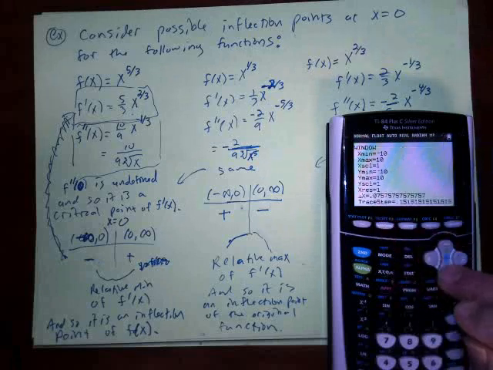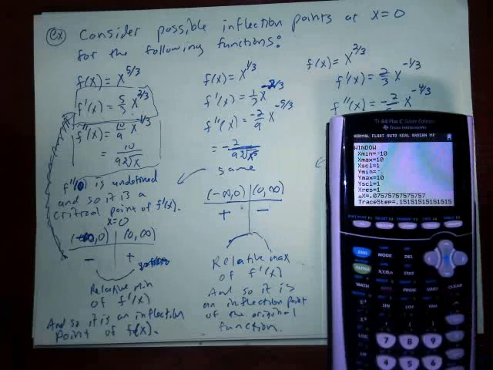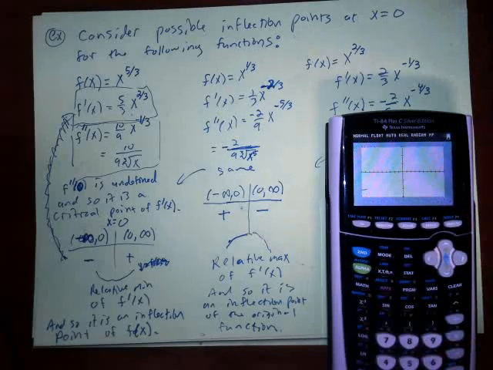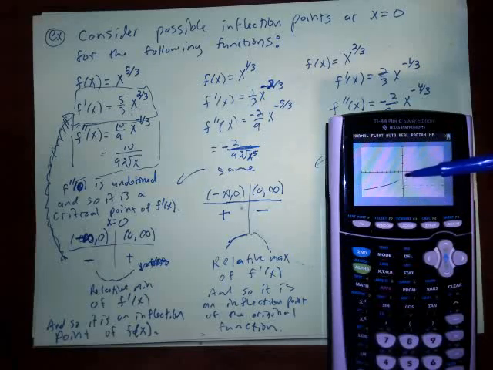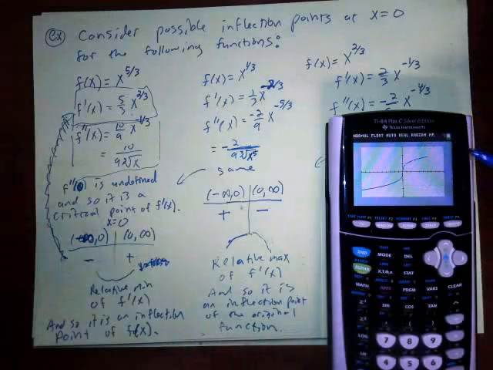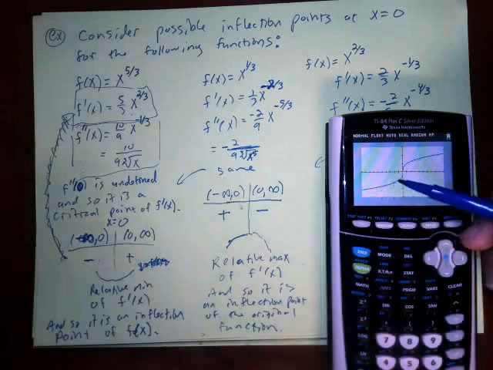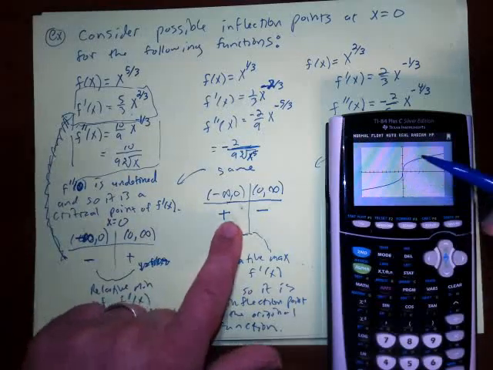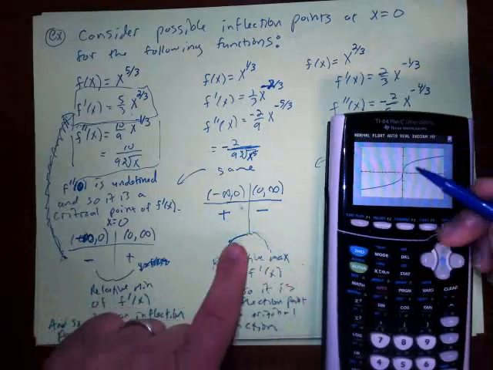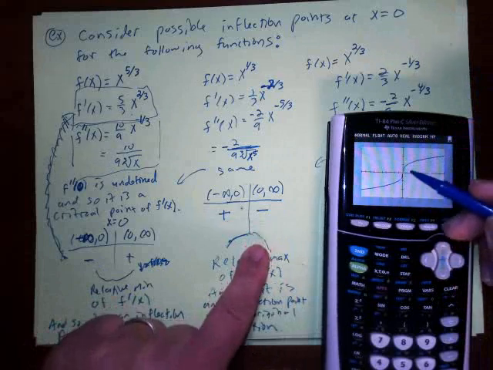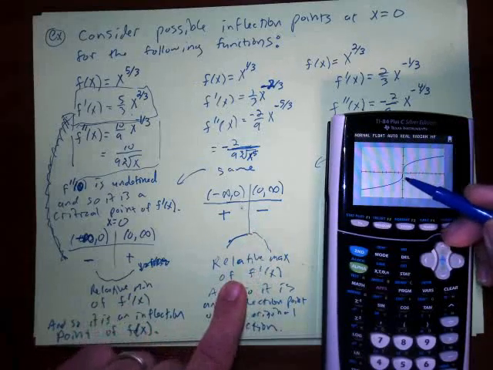So let me actually go from like -3 to 3 to make it a little clearer. Okay, so it does change. It is concave up here, so that's a positive, and then it's concave down on the other side. And that's a negative, and it changes its concavity right here.